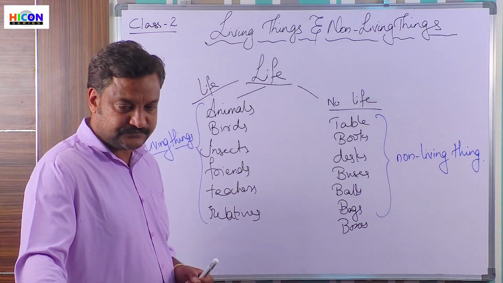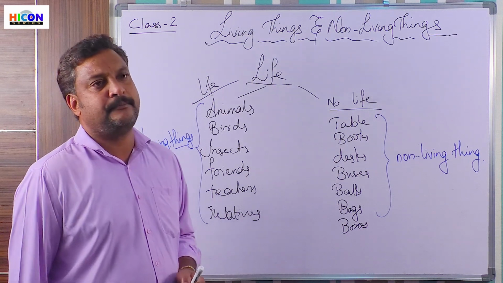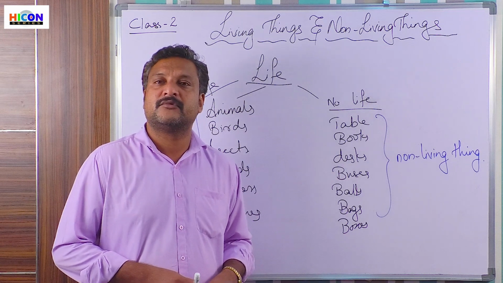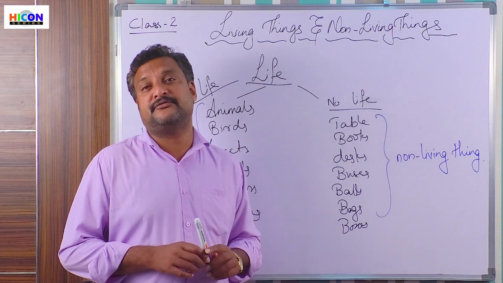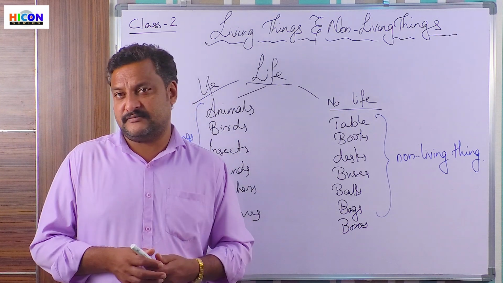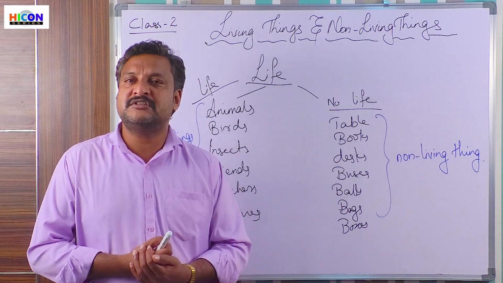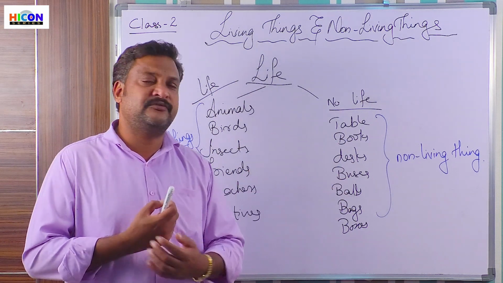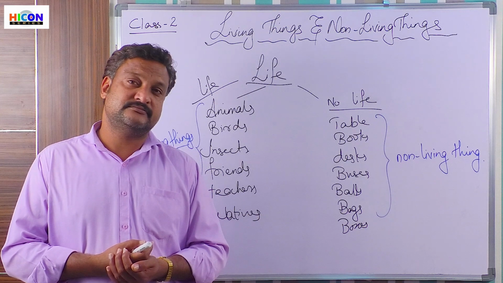Right. Now, how is it possible for us to identify living things and non-living things? If there is something in front of us, how is it possible for us to check whether that thing is a living thing or a non-living thing?